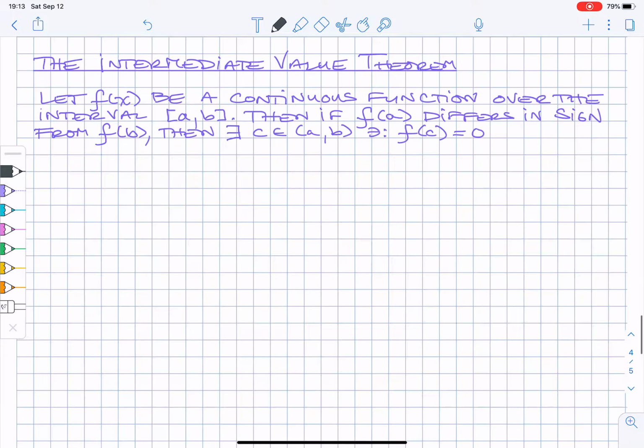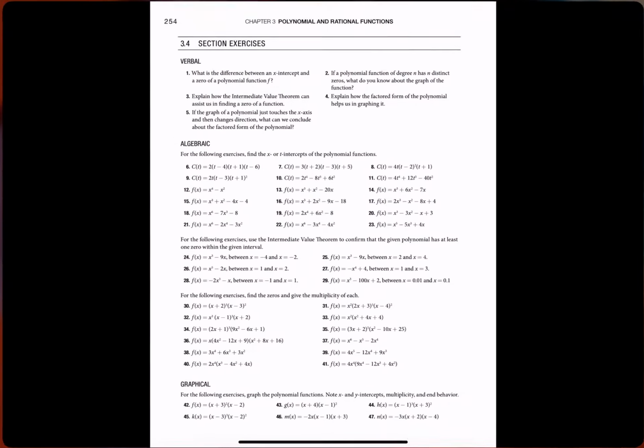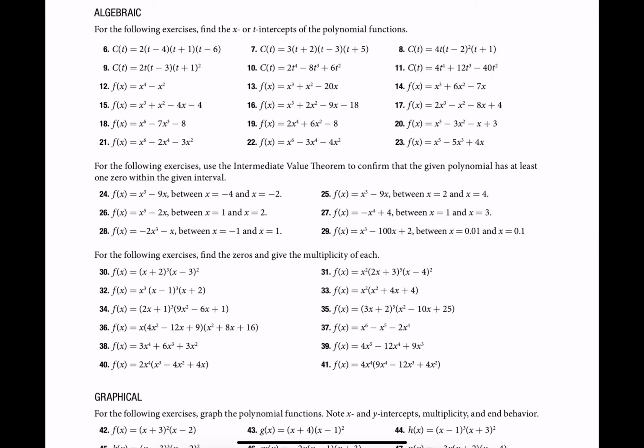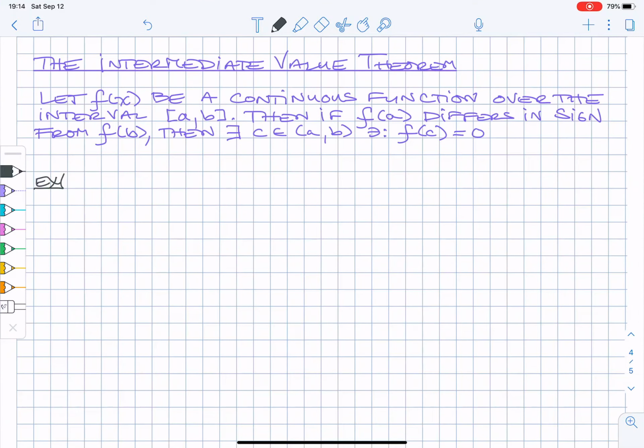Okay, so for example, I'm going to use examples from the book. Why don't we do this? Use the intermediate value theorem to show... okay, so let's do x cubed minus 9x between -4 and -2. So use the intermediate value theorem, henceforth the IVT.